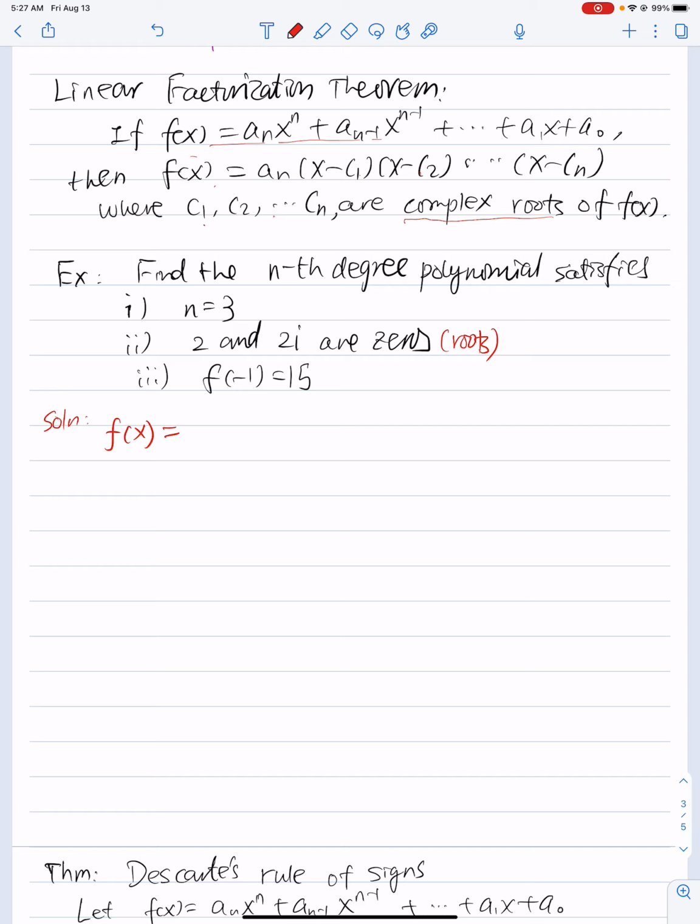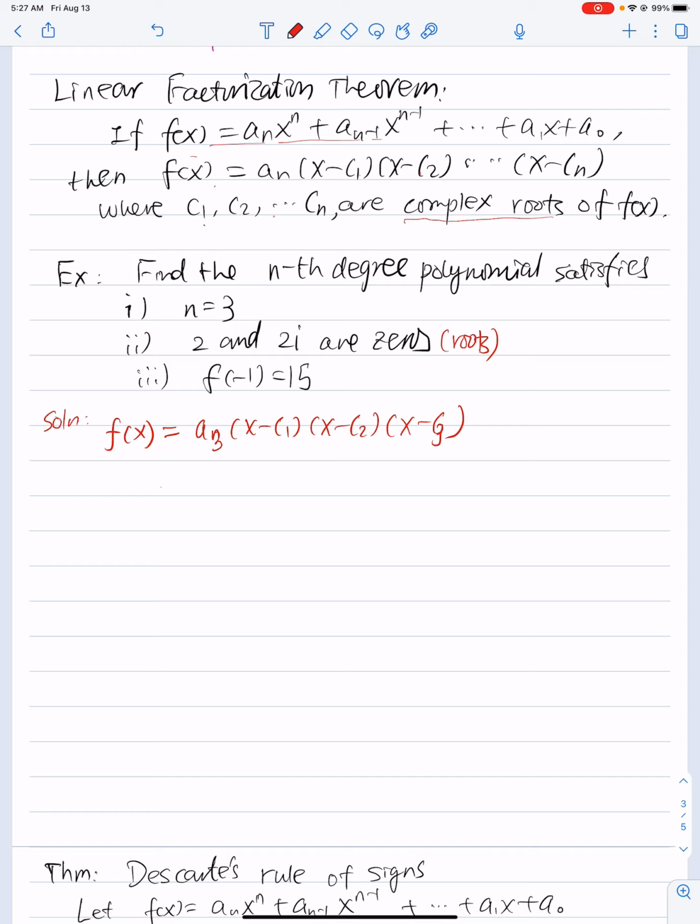The Linear Factorization Theorem. So a_n times (x - c1)(x - c2) and x minus how many? n equals what? 3, yeah? So we only have 3 factors, and a_n should be what? a_3 here.